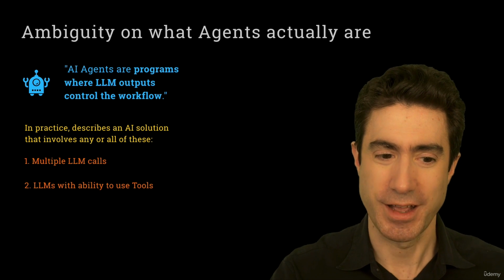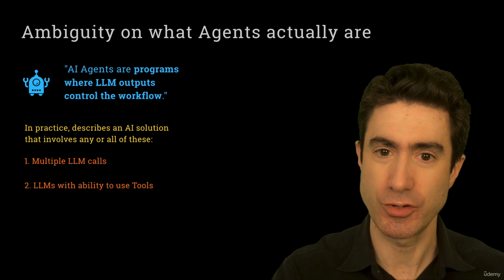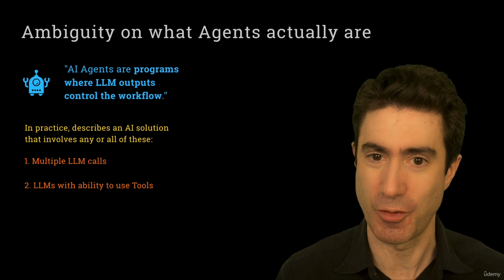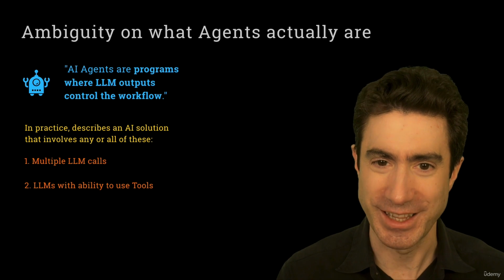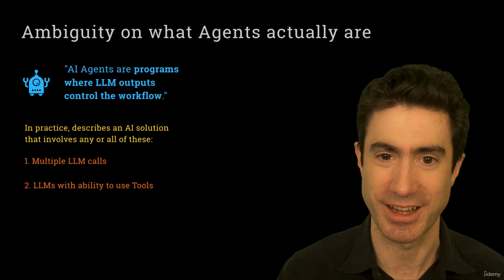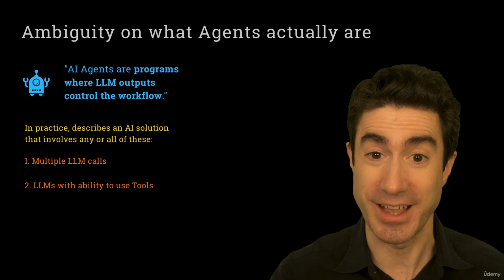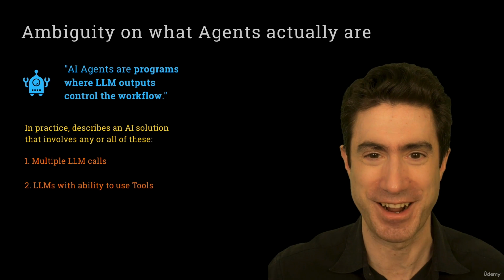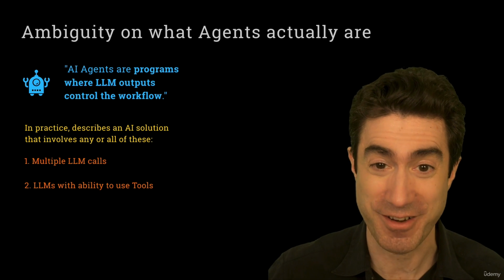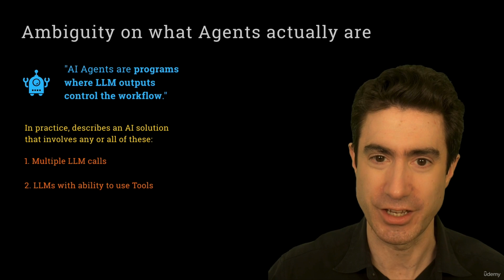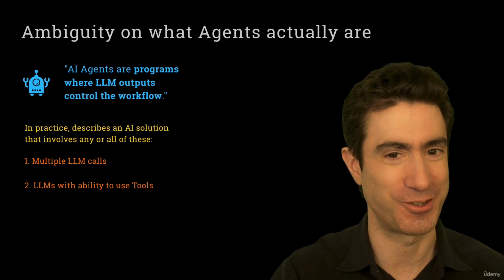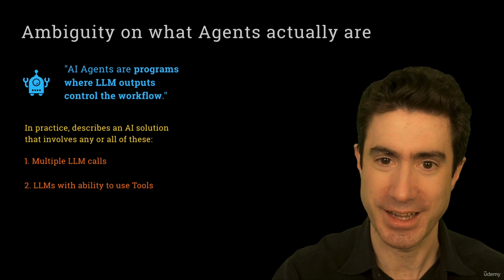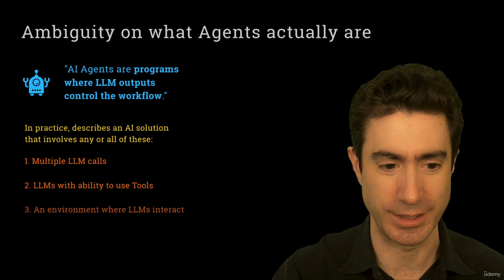Now, this one, LLMs with the ability to use tools, that's often what people think of as the litmus test for whether something is agentic. If you remember when we looked at the N8N idea at the beginning of the first lecture, when I had it turn on the lights that I was wearing, that was an example of tool use. And we're going to be talking a lot more about tool use. So that's obviously a hallmark quality as well.